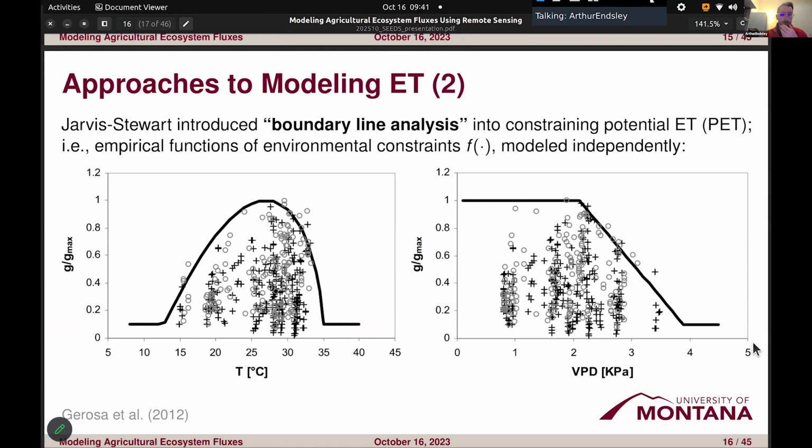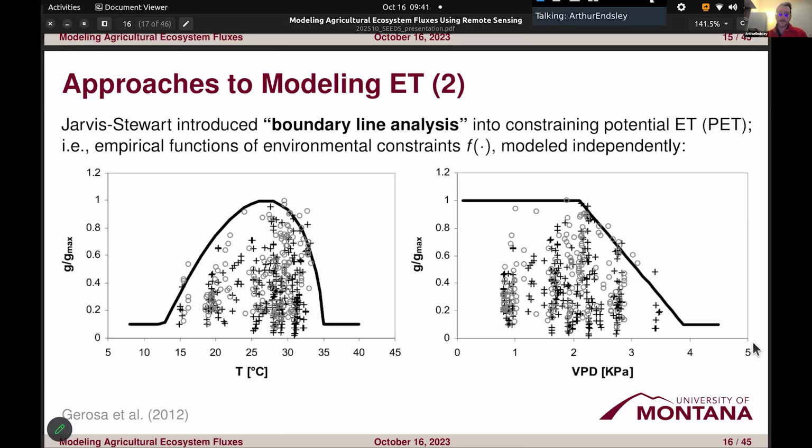And these are two example functional forms that we might choose based on the distribution of ET measurements, or stomatal conductance measurements. It's normalized in this way because these functions are assumed to be independent.